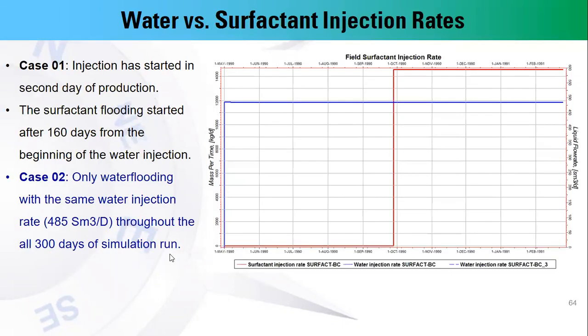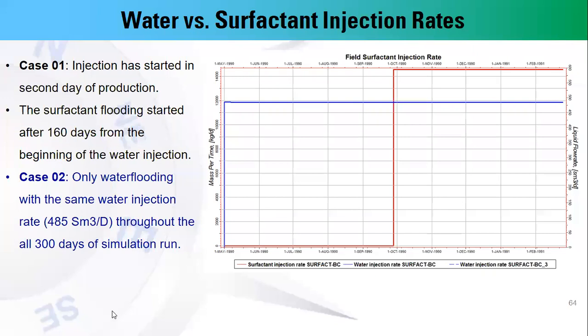This is the base case. We have water injection from the second day of production. In this case, the surfactant flooding is started after 160 days from the beginning of water injection.